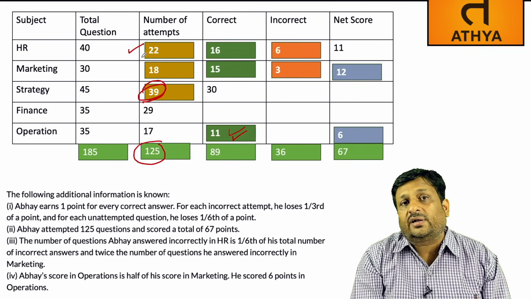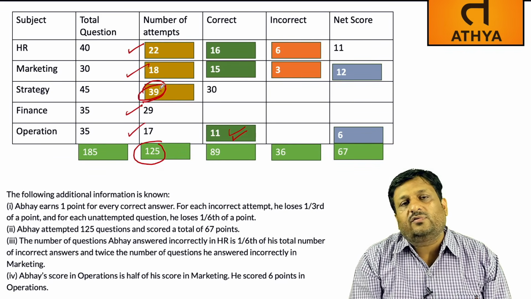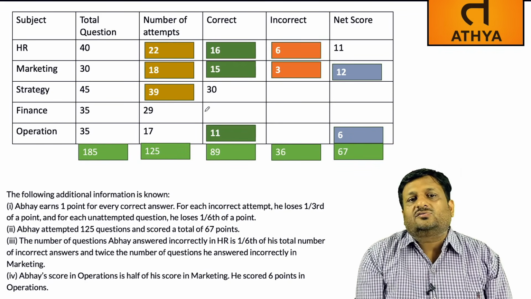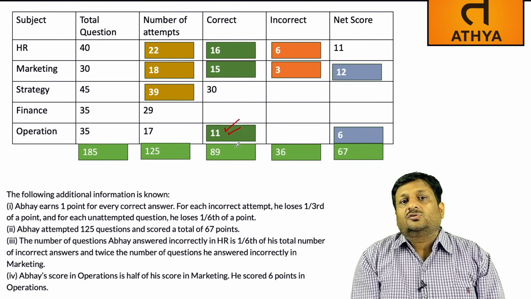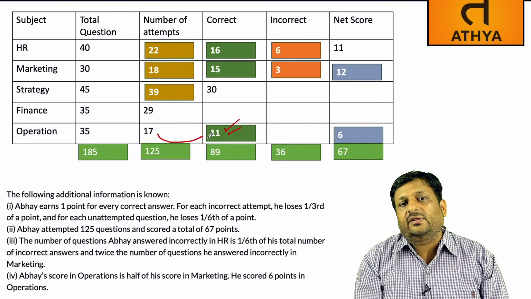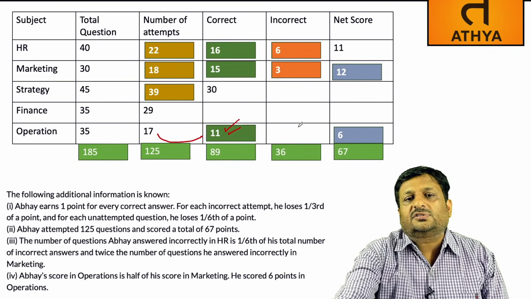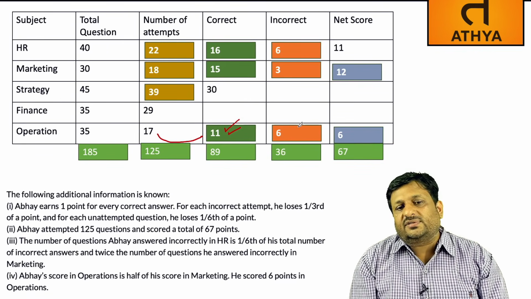I got the attempts of this and this. So 125 minus all these 4 values will be 39, isn't it? So I solved for the correct questions of operations, it is 11. So 11 are correct, 17 were attempted, 17 minus 11, 6 must be incorrect, isn't it? So we have solved for operations as well.